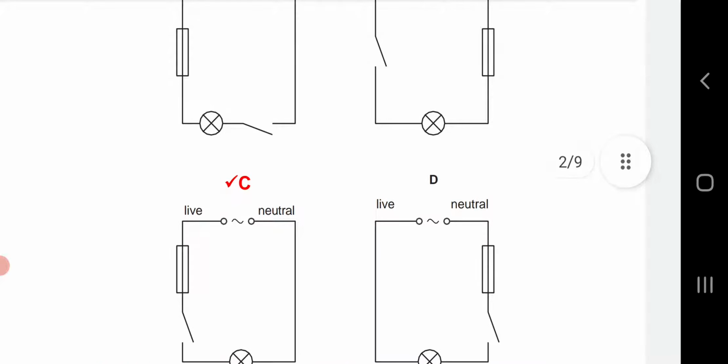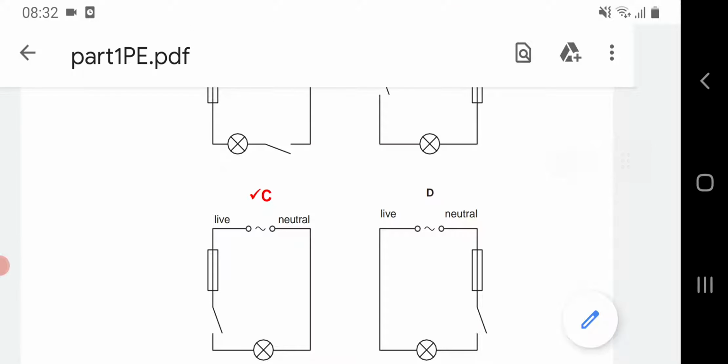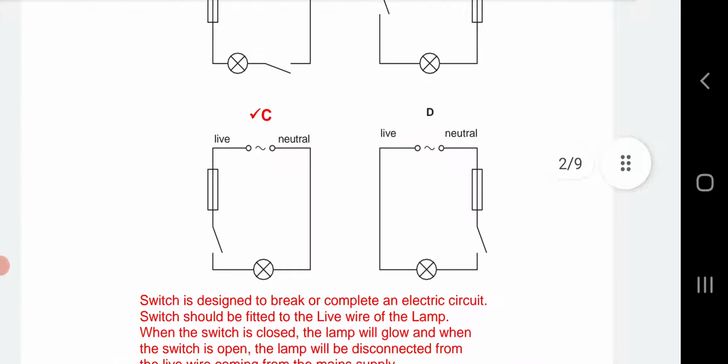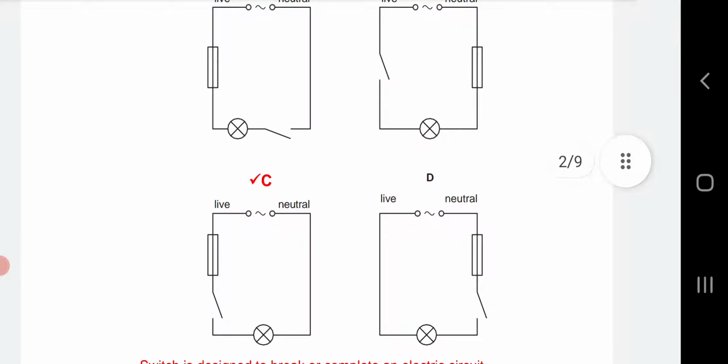So always remember, whether it is a fuse or a switch, both are connected to the live wire, so that if the switch is open or the fuse melts, then the lamp is disconnected from the main supply, and in this way the lamp will not have 240 volts or 120 volts, whatever be the case, across it.